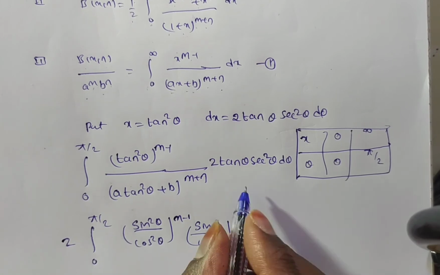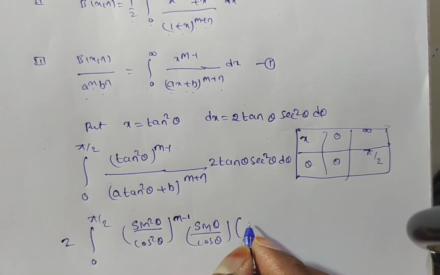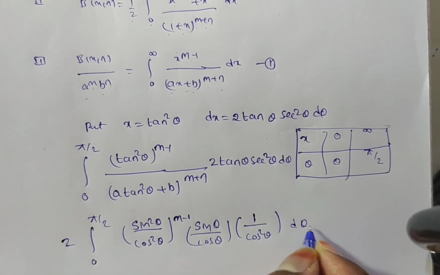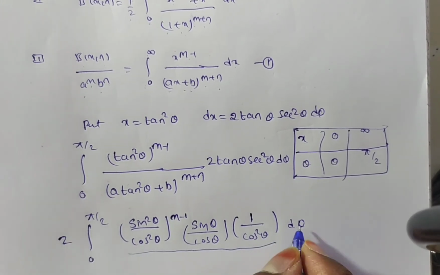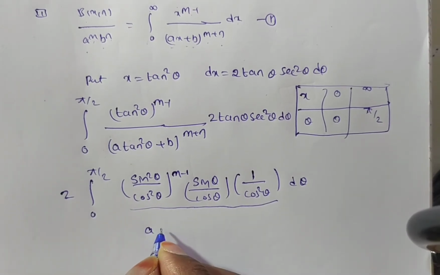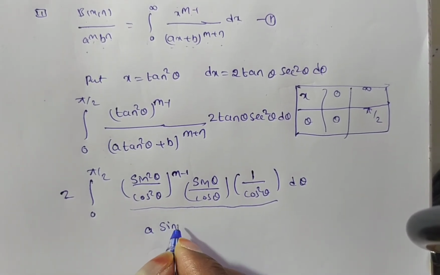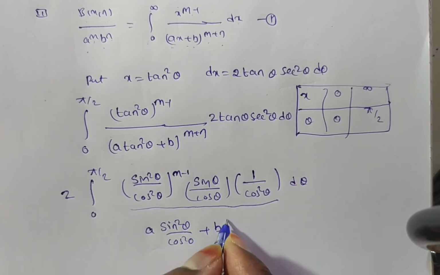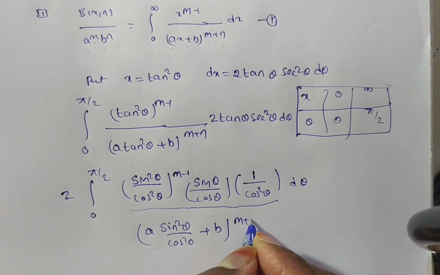Next, this secant square theta, what can you write? 1 by cos square theta into d theta, divided by a into, what is tan square theta? You can write in sine and cosine: sine square theta by cos square theta, plus b, power m plus n.